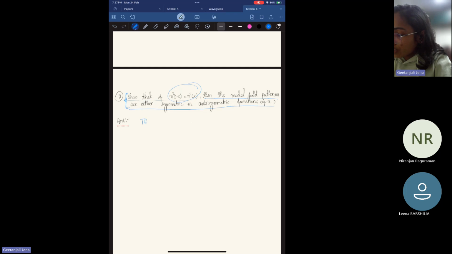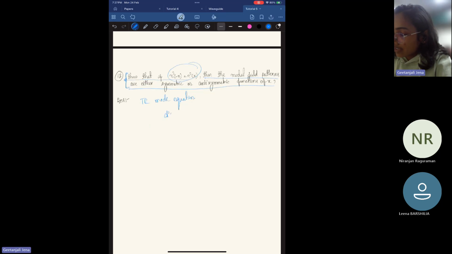So what is the TE mode equation? So always remember this equation because it's the point where you can start to find out what the propagation constant is, right? So we have this general solution for the TE mode equation.